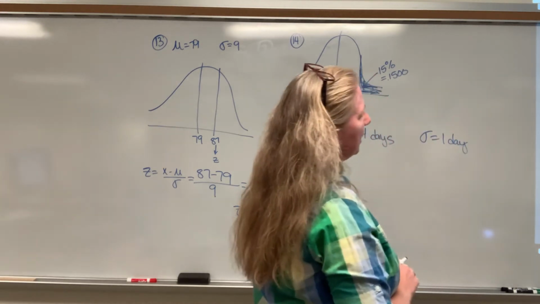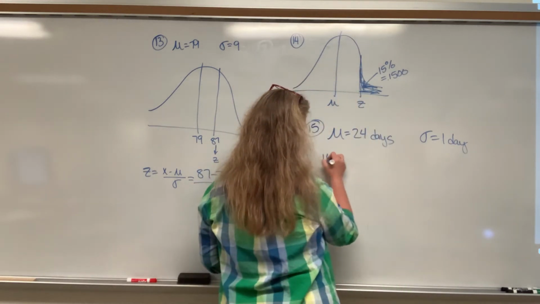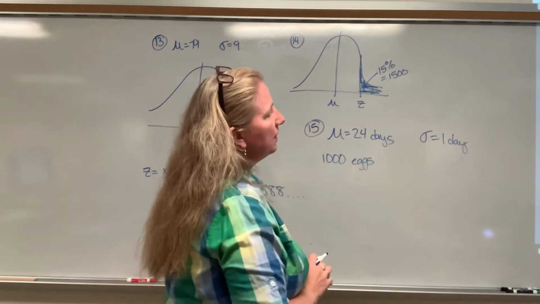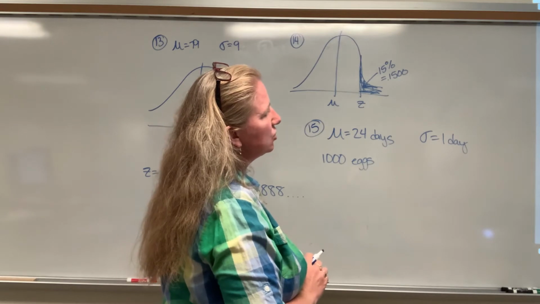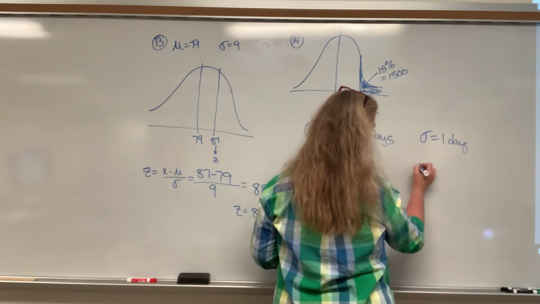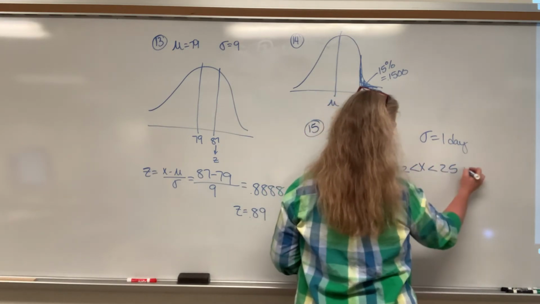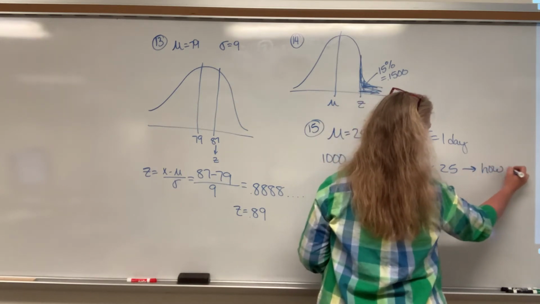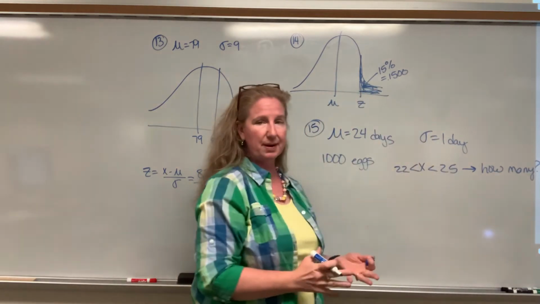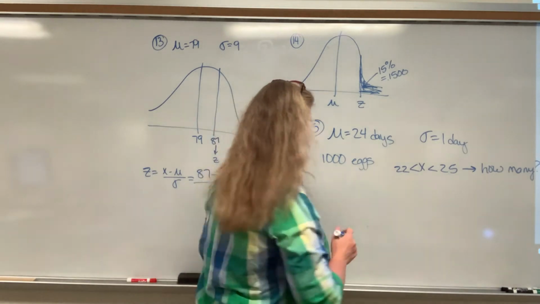If 1,000 eggs are being incubated, how many chickies do we expect to hatch in 22 to 25 days? So we want to know when x is between 22 and 25. We find that probability and multiply times 1,000 eggs to find out how many actual eggs we'll get.